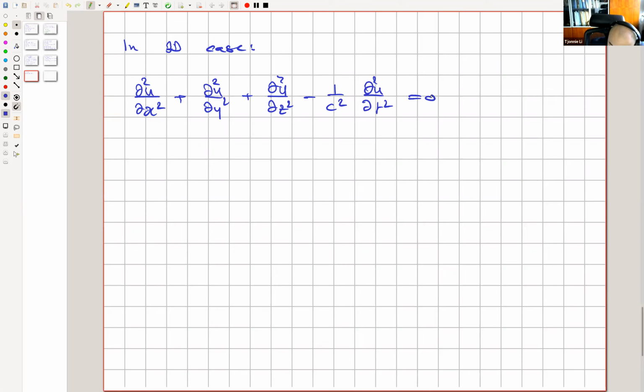So in this case, I could try the solution p is just l times x plus m times y plus n times z, in such a way that now if I put this solution in here and I go through the same machinery to find the most general form, I end up with the equation l squared plus m squared plus n squared minus mu squared over c squared times d squared f dp squared.